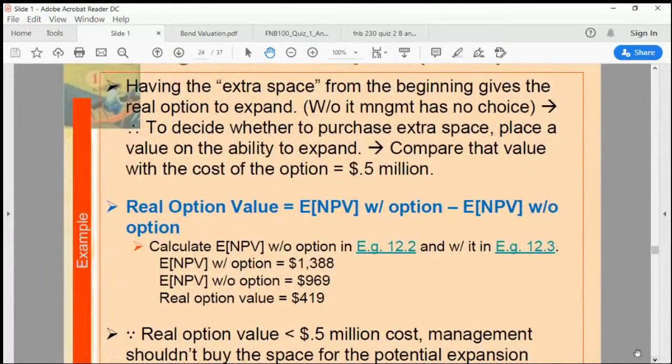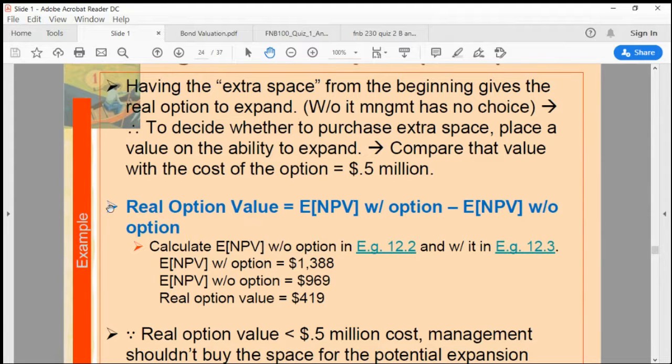So having the extra space from the beginning gives the real option to expand. Without it, management has no choice. Therefore, to decide whether to purchase extra space, we need to place a value on the ability to expand, and then compare that value with the cost of the option, right?